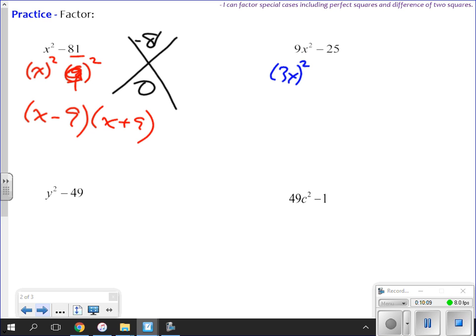What about 25? It's 5 squared. So a square minus a square, I have 3x minus 5, 3x plus 5. Shortcut works wonders on this one. Really makes it so much easier to do the shortcut on this one.